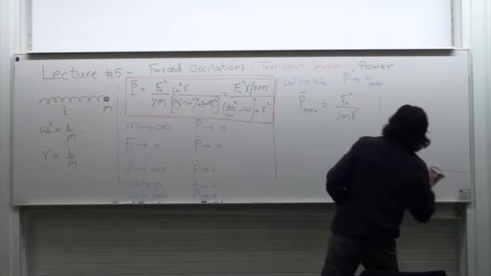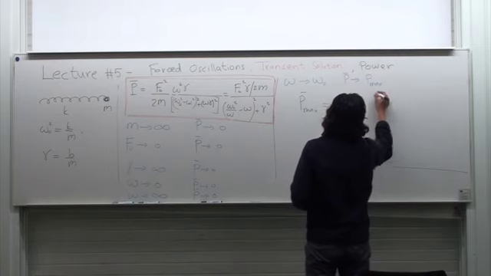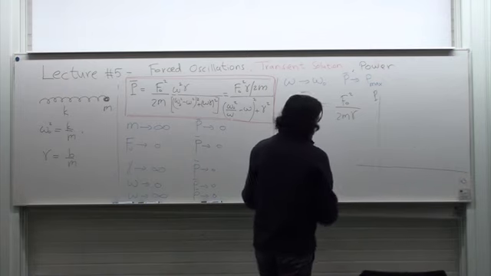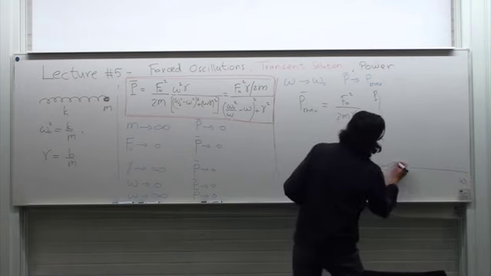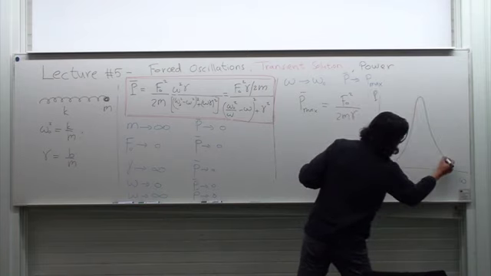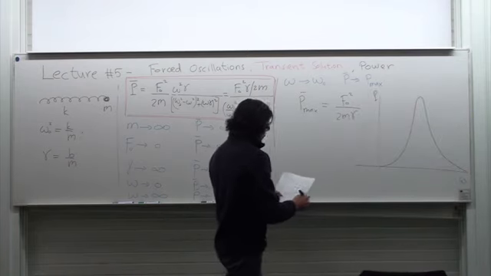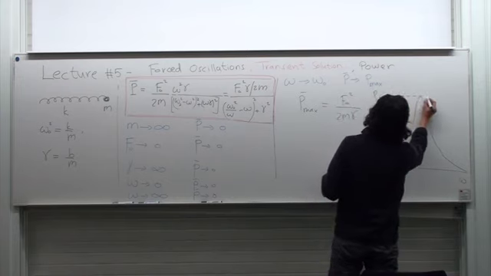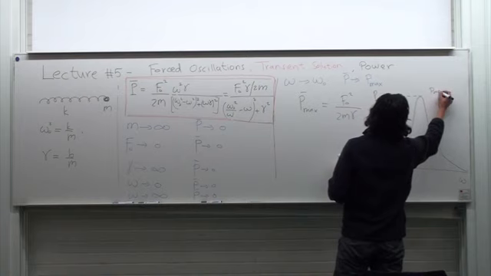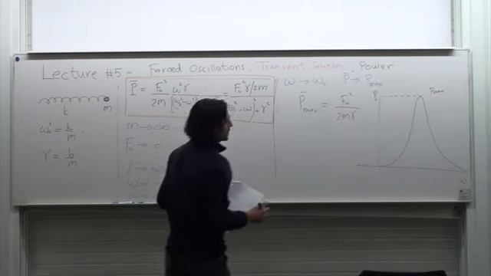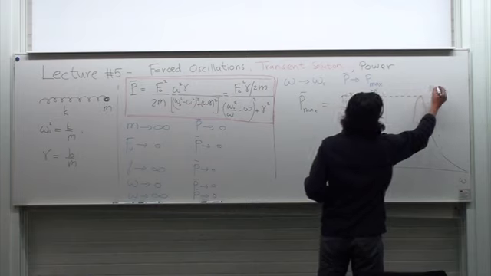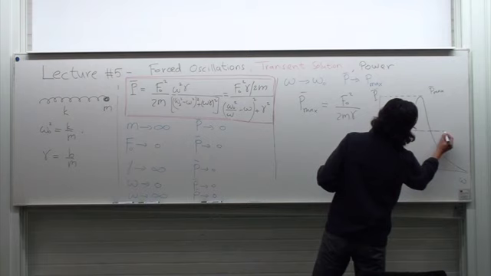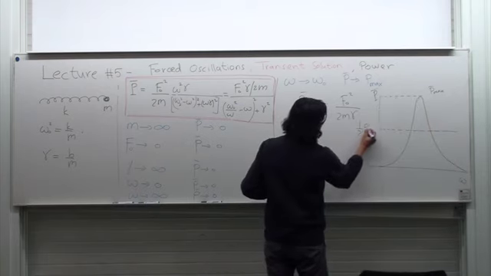Now we draw a sketch for the power. It looks something like this. Quite symmetric. This is the point of P max. This is an interesting point, which is half P max.